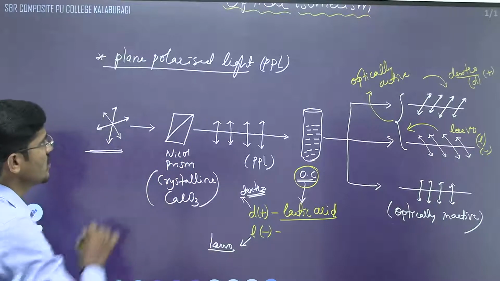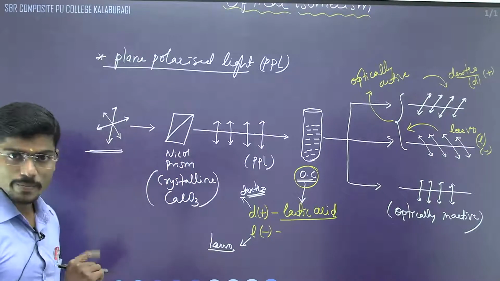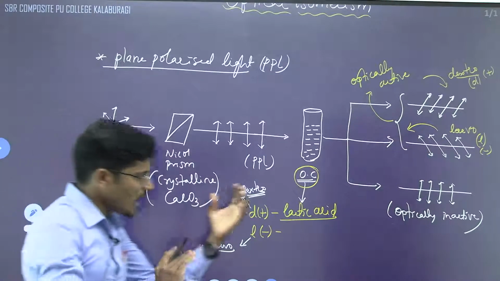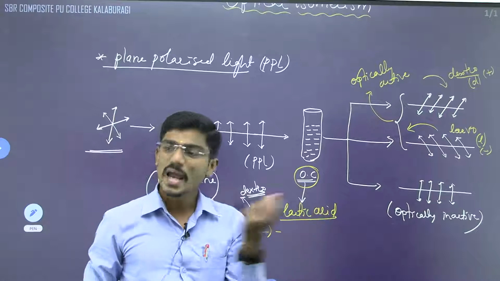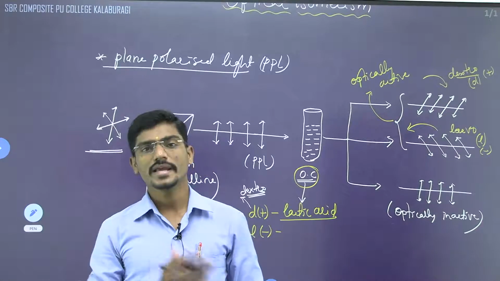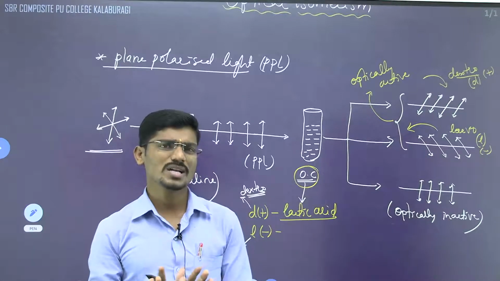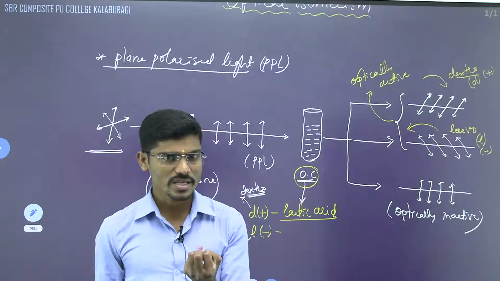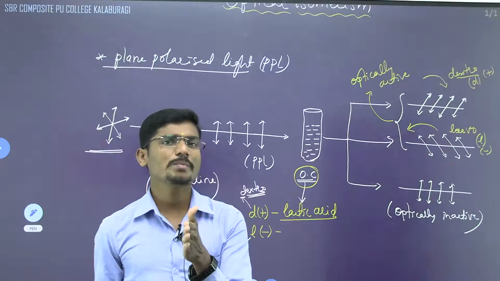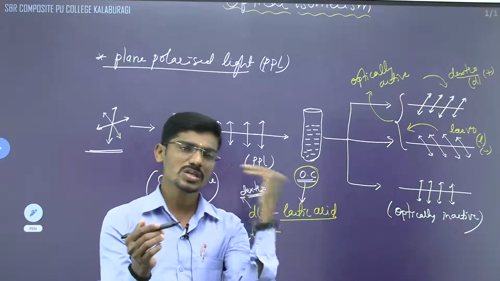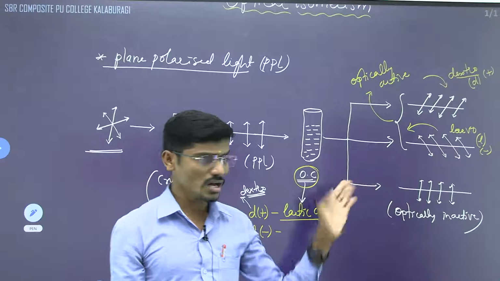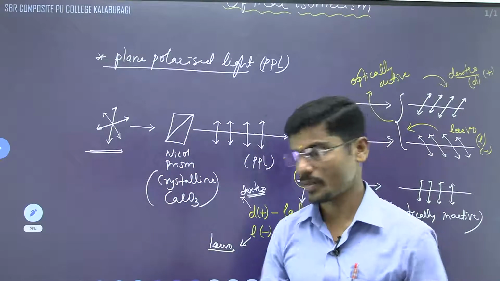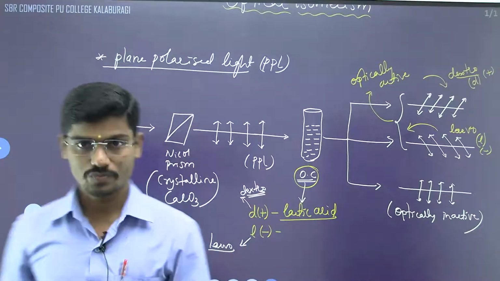The first point is plane polarized light, and the second concept is whether the organic compound is optically active or optically inactive. Very simple concept. If the solution of the organic compound rotates the plane polarized light either towards right or towards left, then it is an optically active compound, or else it is optically inactive. Is it clear?